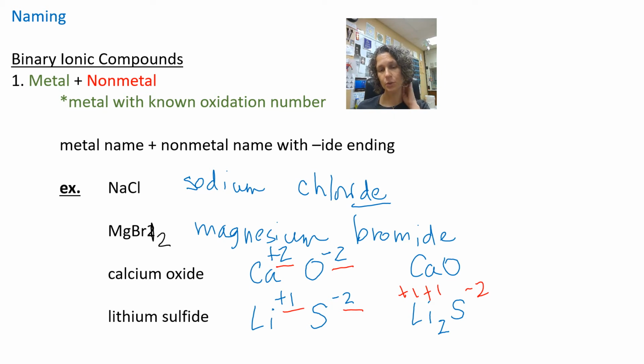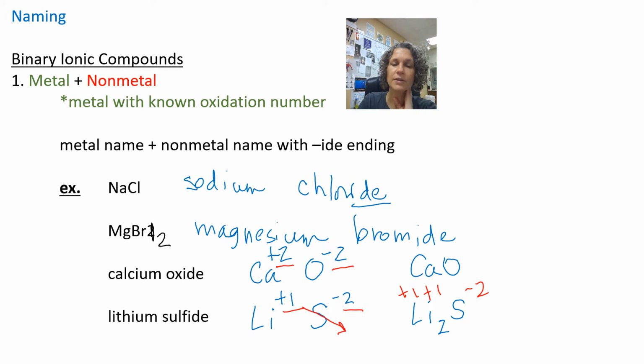Very often you might hear people talk about the crossover method. Works almost all of the time correctly. The crossover method says that you take just the number, not the negative, of the symbols, and you just cross them over to the other element.